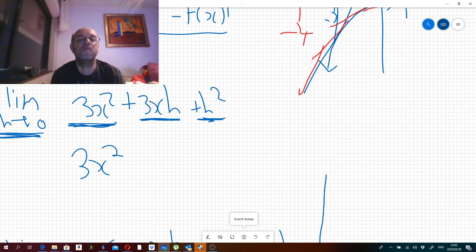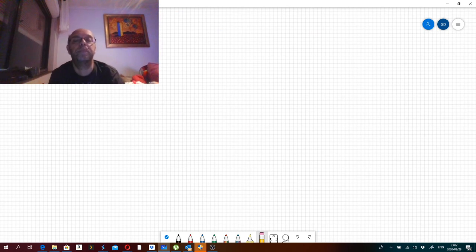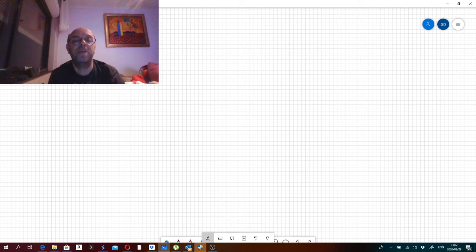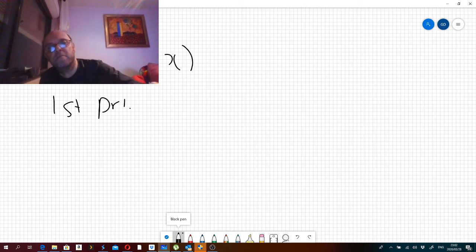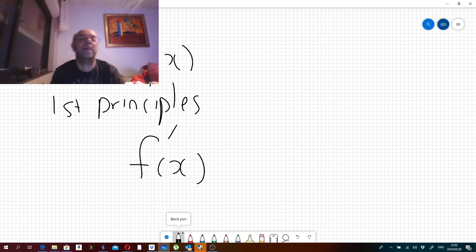Now, let's go to some more terminology. Okay, so what we do is we say that if we have a function, and again I'm just going to delete everything here. Right, so if we have a function, whatever that function is, and we calculate using first principles, that's the limit as h approaches 0, we find what we call the gradient function, and we're going to mark that like this: f prime x, the gradient function.